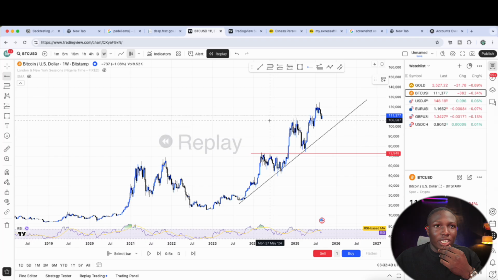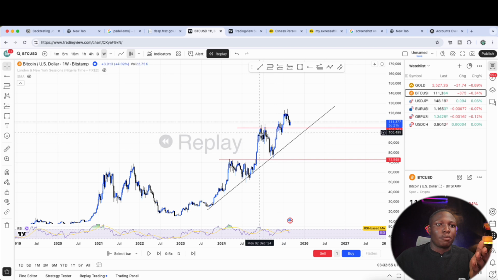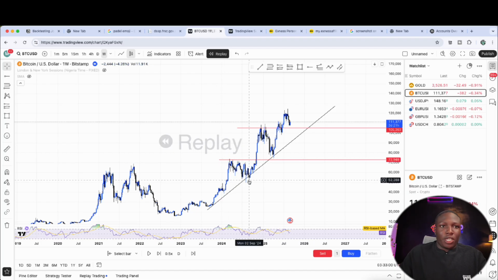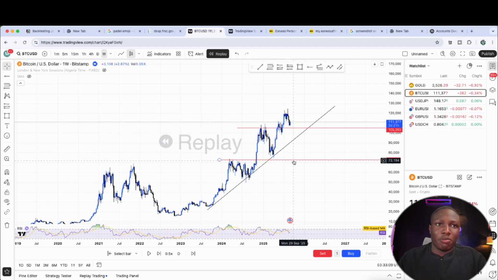Price came back again, because once price breaks through a resistance, it usually comes back for a retest. Once price breaks through a resistance, that resistance becomes a new support zone, and vice versa. So price broke through the resistance, came back to form a support, pushed up again, broke through this resistance, and is now coming back to create the support.